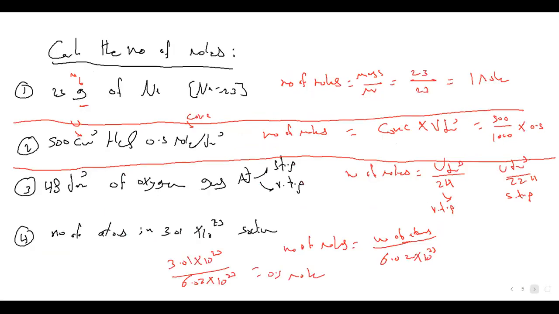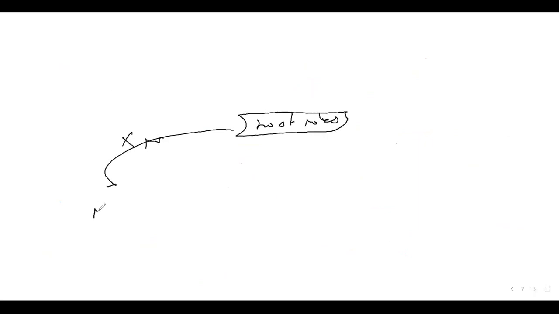Again, يعني لو أنا معايا number of moles. Number of moles multiplied by molar mass to get the mass. Multiplied by Avogadro's 6.02 times 10 power 23 to get number of molecules.